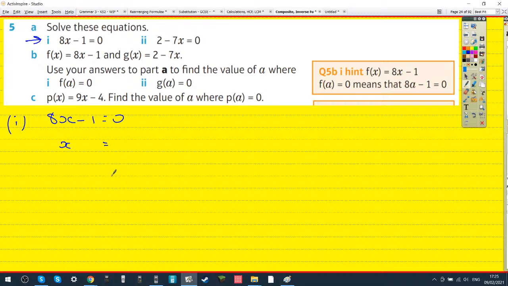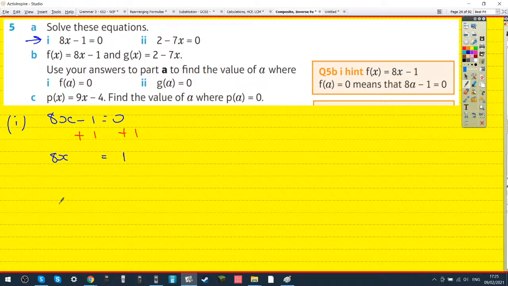So first you need to get rid of minus 1. Yeah, how do you do that? You add on. So it would be 8x equals 1.